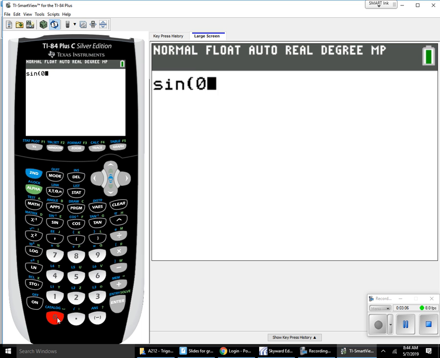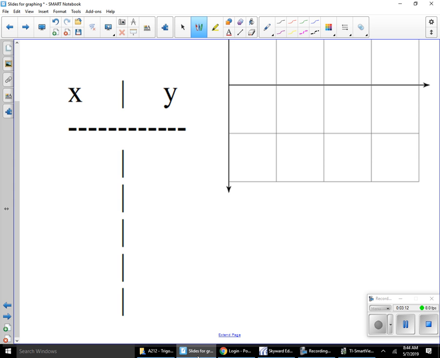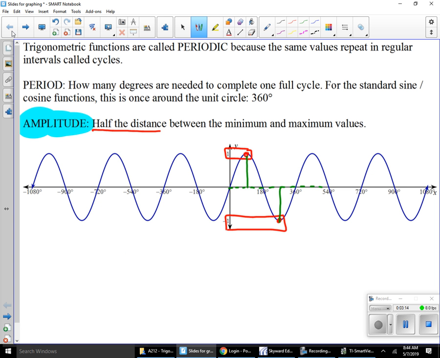I'm going to look at sine of 0 as one of my critical values. The other ones that I'm going to look at are 90 degrees, 180 degrees, 270 degrees, and then 360 back to start. Those are called critical values.